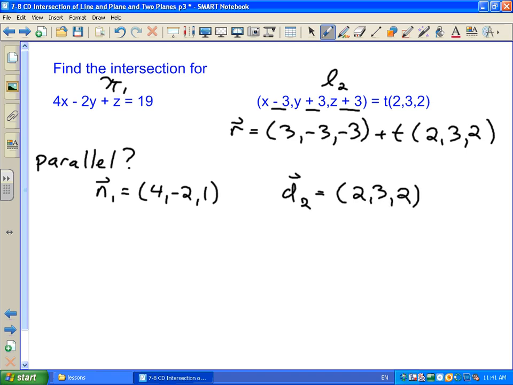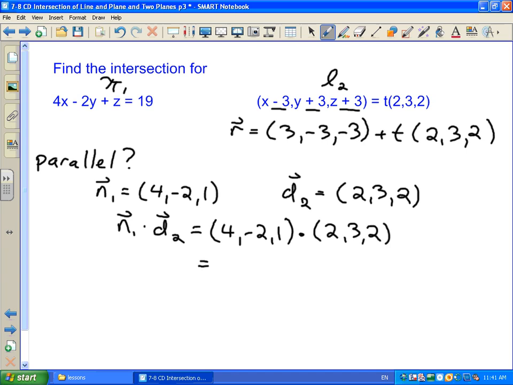We're going to do the dot product of these two things. It's going to get us an expression that looks like this, which, if we work this all out, we end up with 4. So we can emphatically say, no, these things are not parallel.